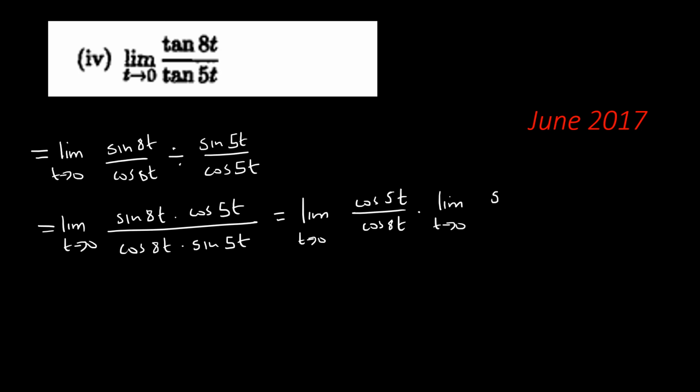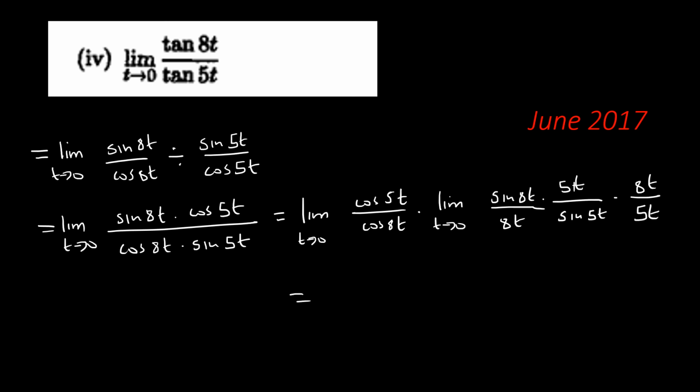If I have sine 8t and 1 over sine 5t, I know if I have to put 8t here, I must multiply by 8t, because 8t over 8t is still 1. If I have to put 5t at the top of sine 5t, I must divide by 5t.